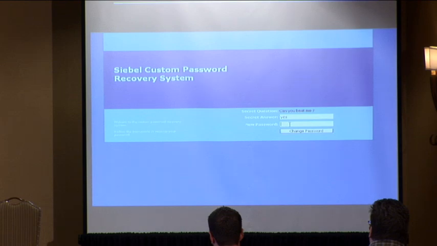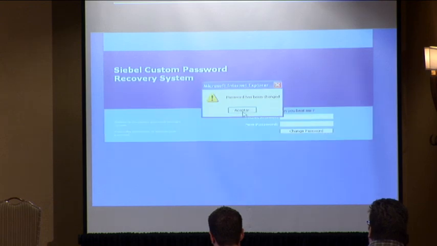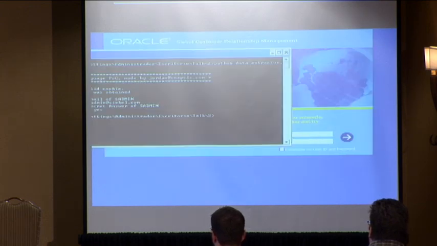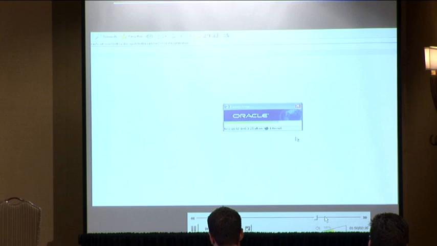So he can choose a new password here and click on change password, and that's it. The password will be reset on the Siebel system. So the only thing the attacker needs to do is, again, try to log in with the admin user and the password he had already provided. And that's it. He will be able to access the Siebel system with the maximum privileges possible.